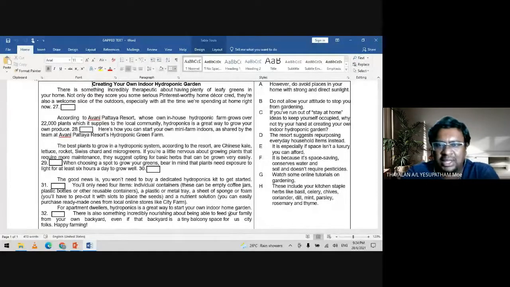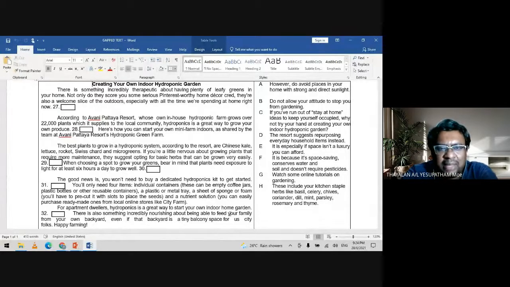So we have A, B, D, E, G, H. Okay, now let's move on. The best plants to grow in a hydroponic system, according to the resort, are Chinese kale, lettuce, rocket, Swiss chard, and microgreens. If you are a little nervous about growing plants that require more maintenance, they suggest opting for basic herbs.